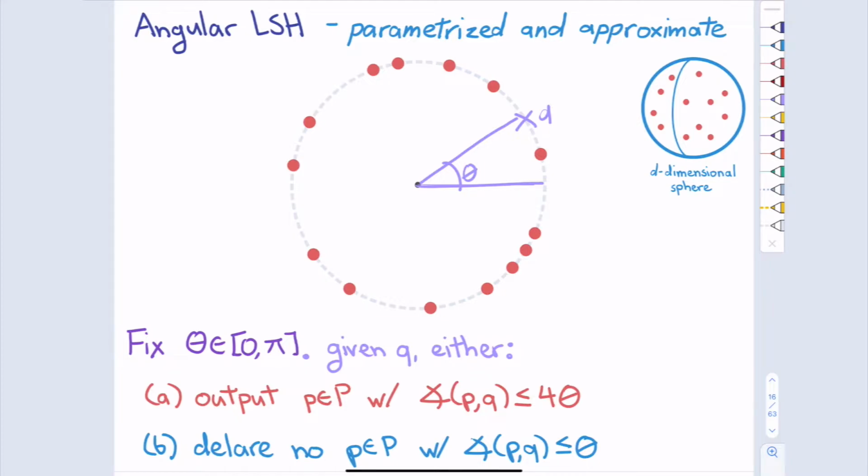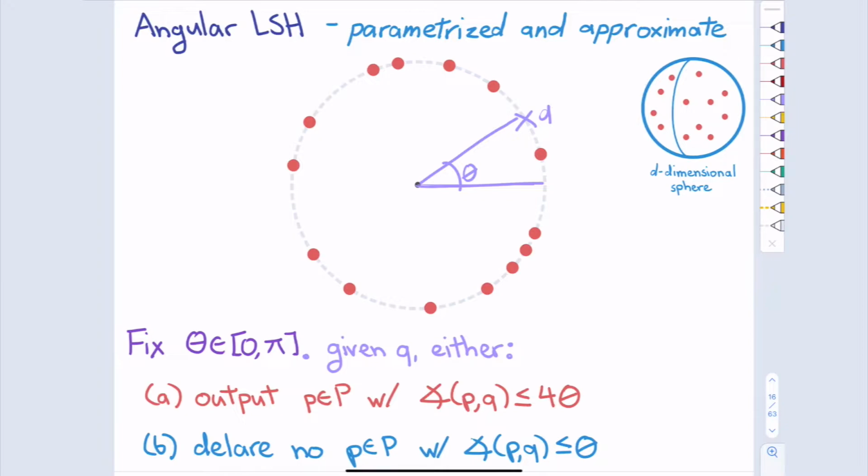In that example, I do have to output a point because there's definitely at least one point within theta, and there may be several points within 4 theta in terms of the angle. But if theta was so small that there was no point in between, then I'm allowed to output nothing. But there's some room for error.